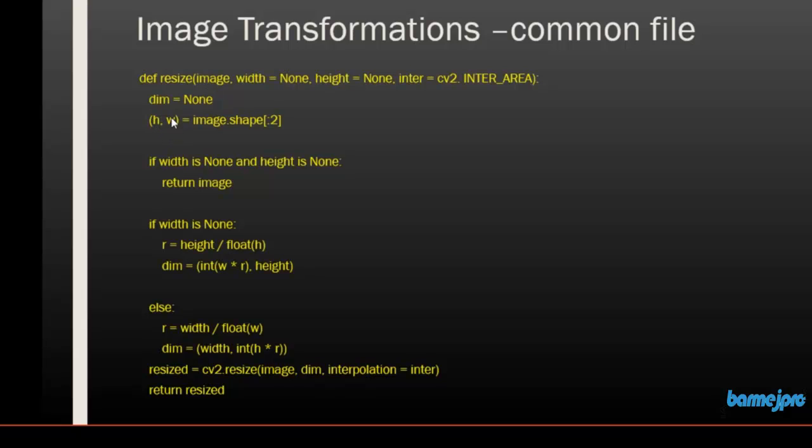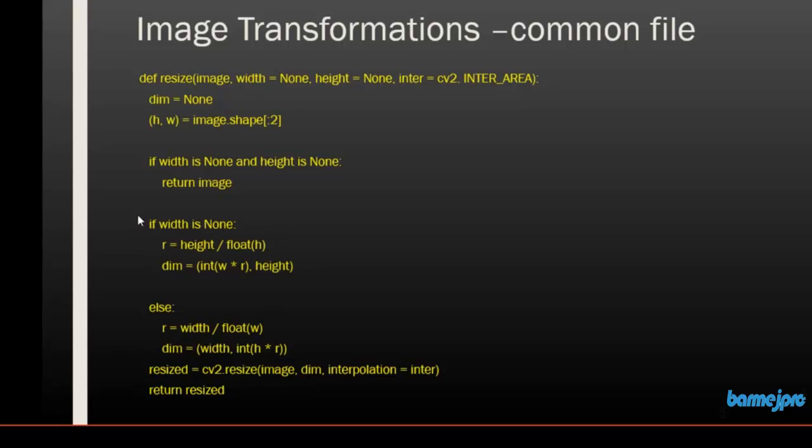We check whether the width and height passed into the function are both None. In that case there is no need to resize, because the user didn't pass any new width or new height, so we can return the exact same image that we got into the function. If the user specifies a width, we need to calculate the R value.